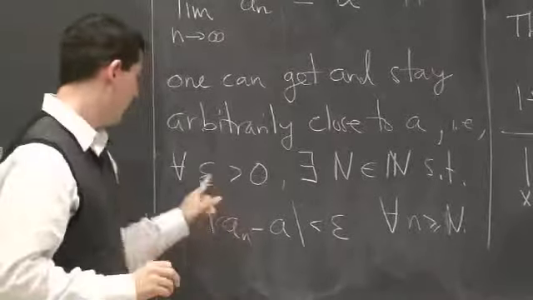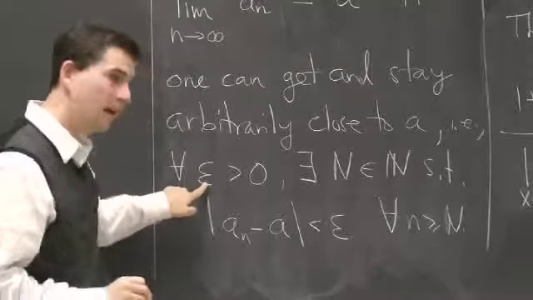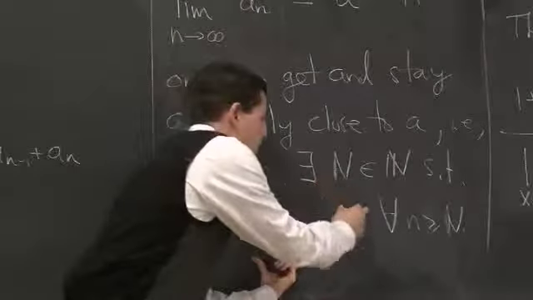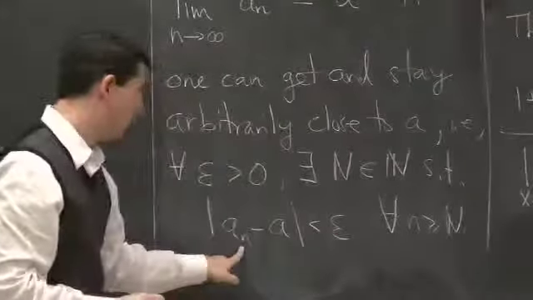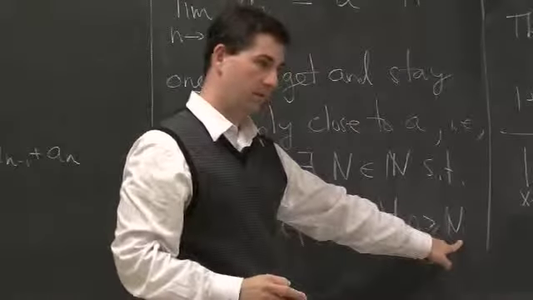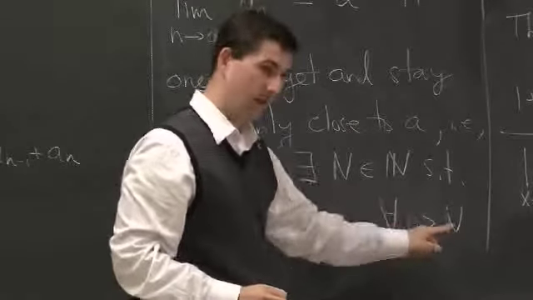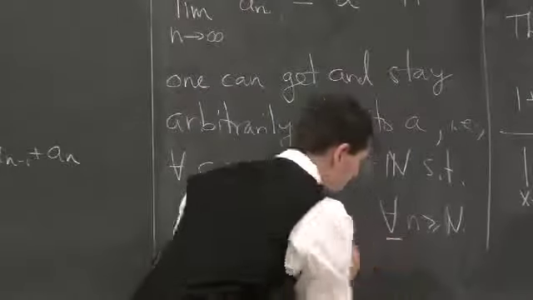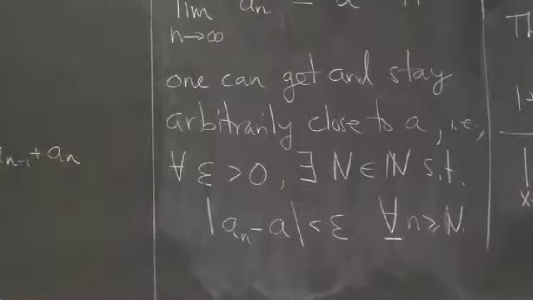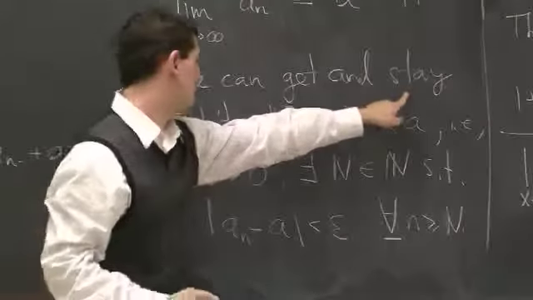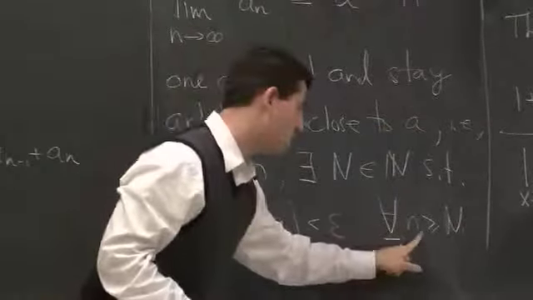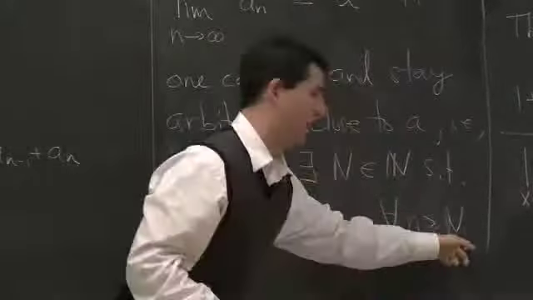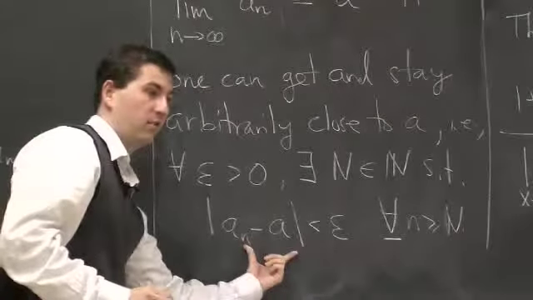So this says that as close as you want to get, I can get that close by going out far enough. That's this little n, which is supposed to be bigger than or equal to this big N. So I have to go out far enough, but I can get close. But then this upside down A, which means for all, tells you it stays close. It's not just that you find this N and if you go past it you can get that close. For all n past this N, you're going to be that close.